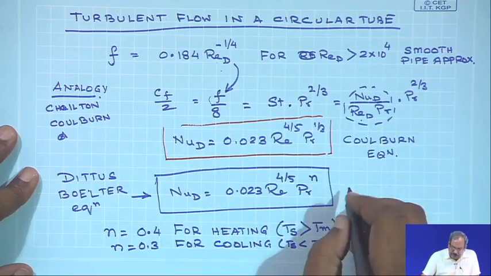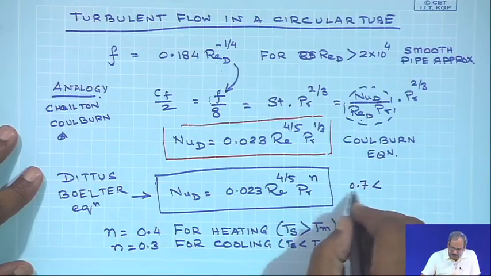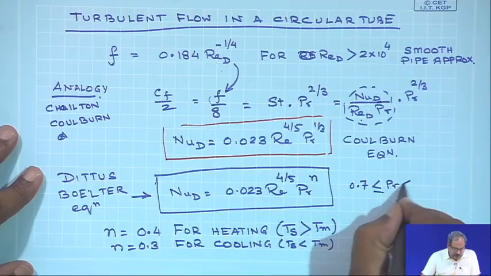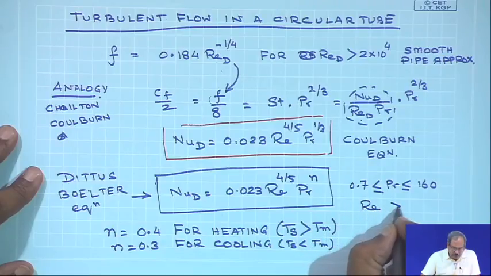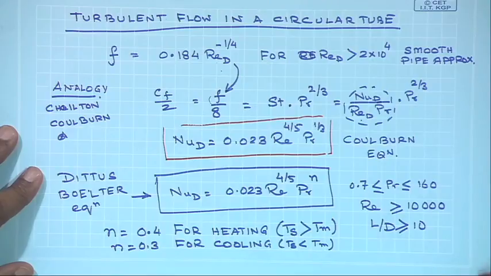And the applicable limit of Prandtl number is quite large, from 0.7, which is the standard Prandtl number for the case of air, so it is a large variation in Prandtl number, and Reynolds number is more than 10,000. And L by D is greater than or equal to 10. L by D greater than 10 tells you that it is a thermally fully developed flow.